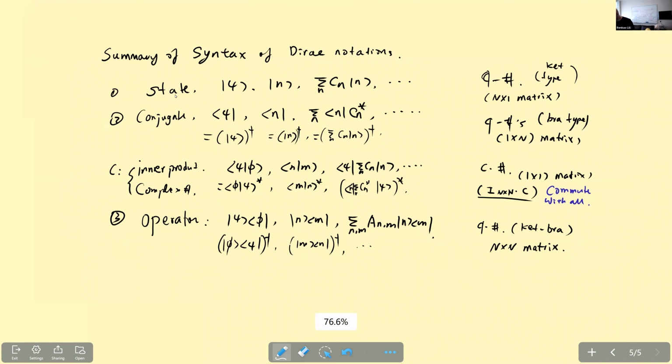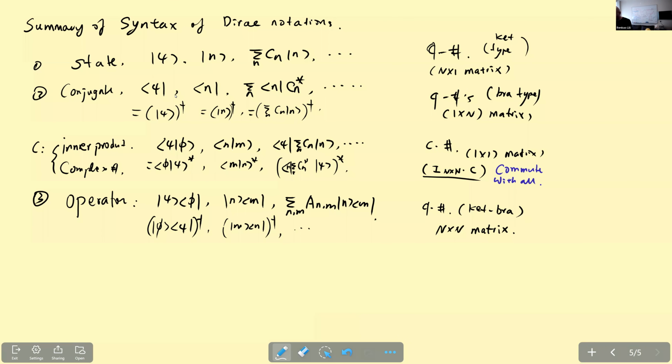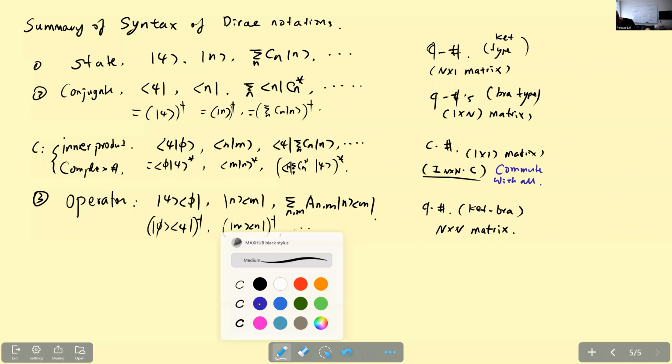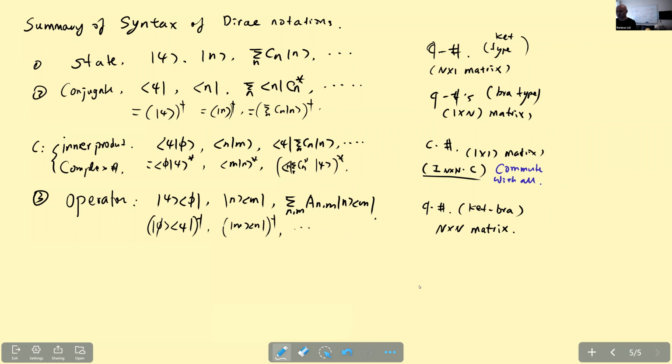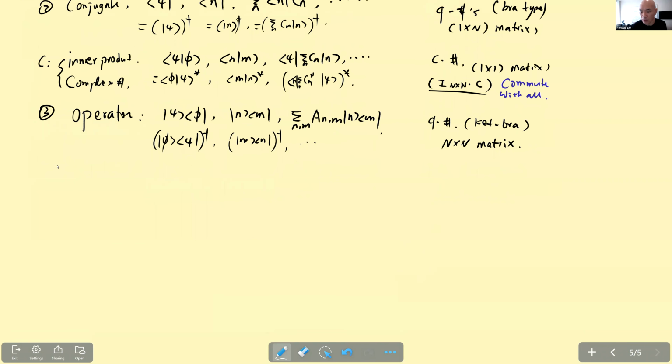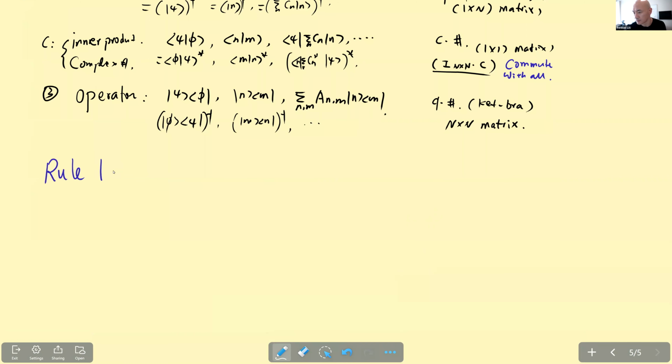And now the rule is to form the formula. So rule 1: summation must be between the same type.